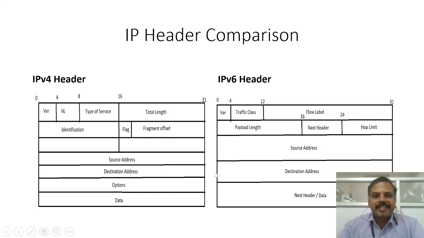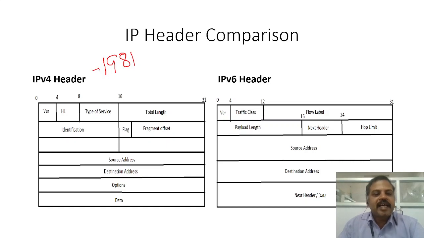What is the main reason for going from IPv4 to IPv6? Yes, it is IP address scarcity. IPv4 was designed in the year 1981.